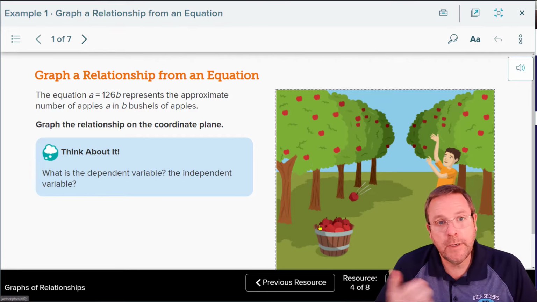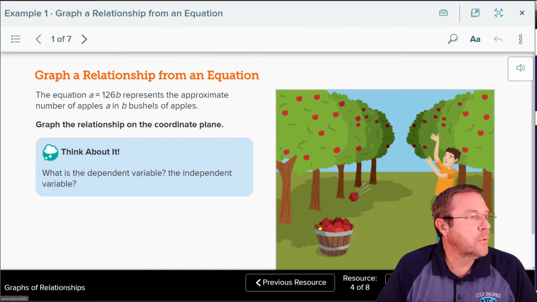Well, your dependent variable is going to be the number of bushels, and the independent variable, that's going to be the number of apples, because you're multiplying the apples. Actually, I said that wrong.